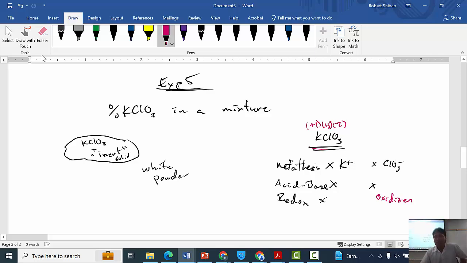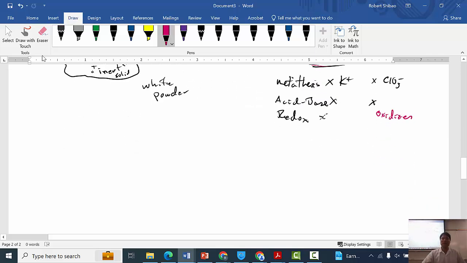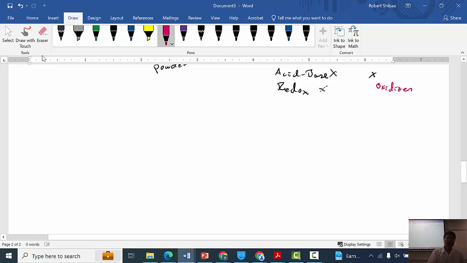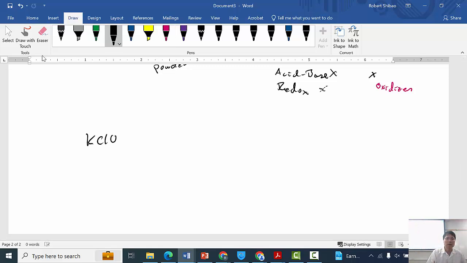If it's an oxidizer, that means it's electron poor and it wants to oxidize something. And so if you have potassium chlorate, we need something for it to oxidize. But there's nothing for it to oxidize. Oxygen's happy at -2.